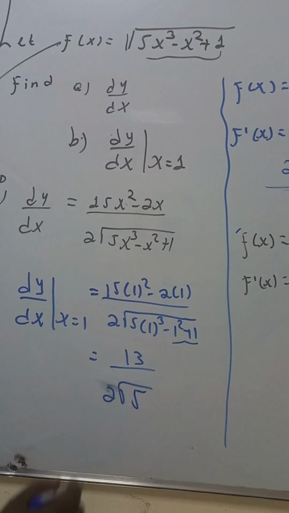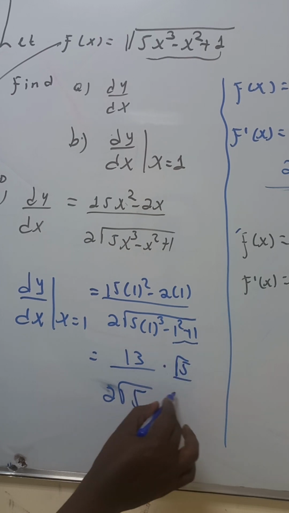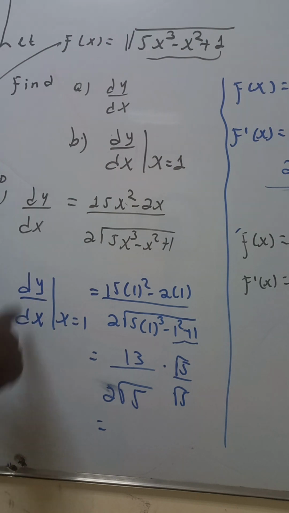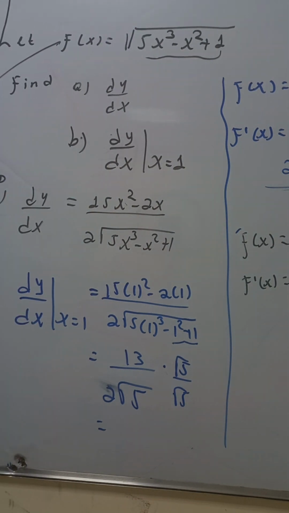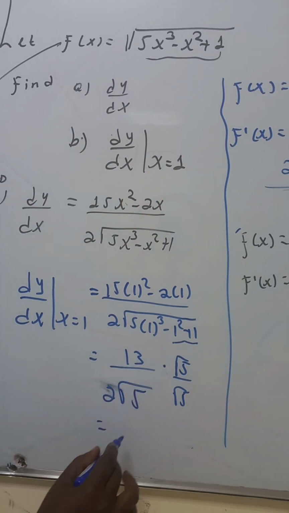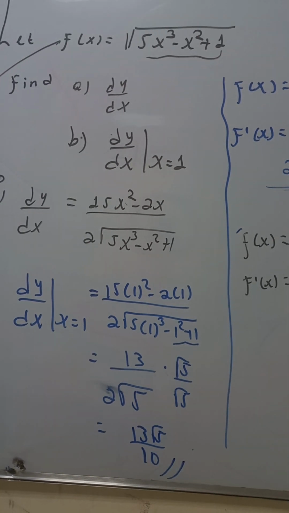So this is the result. If you want to rationalize this, you can multiply by root 5 over root 5. And it is perfectly the gradient of the tangent line of the curve at this point, which is 13 radical of 5 over 10. So this is the simplification.